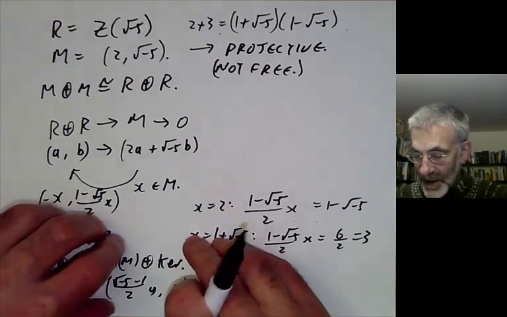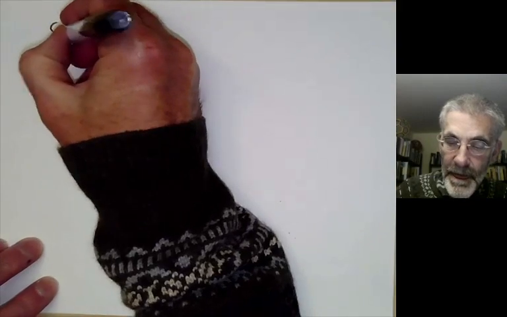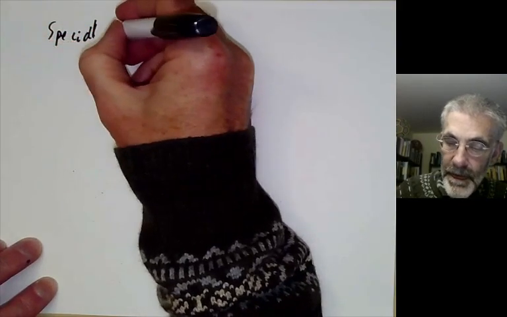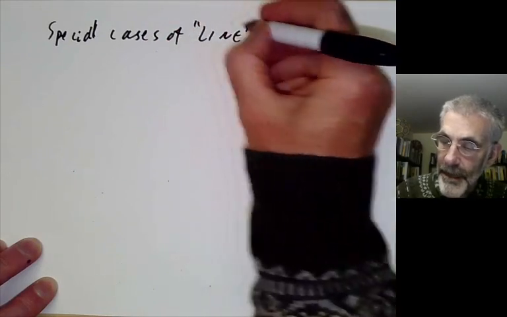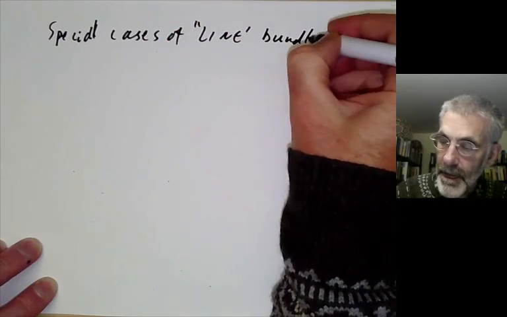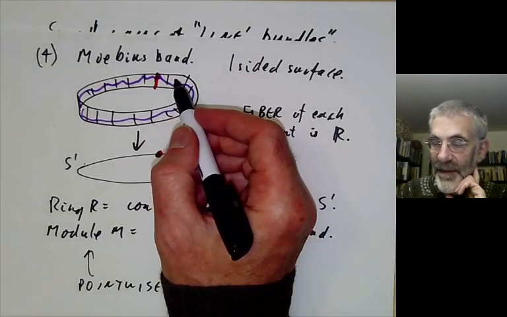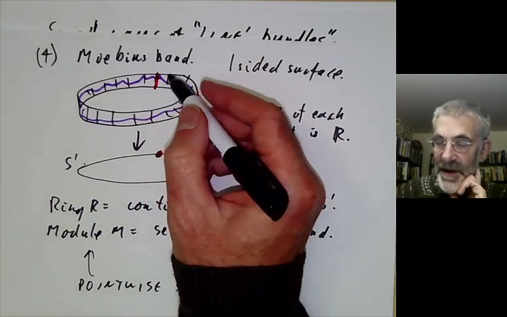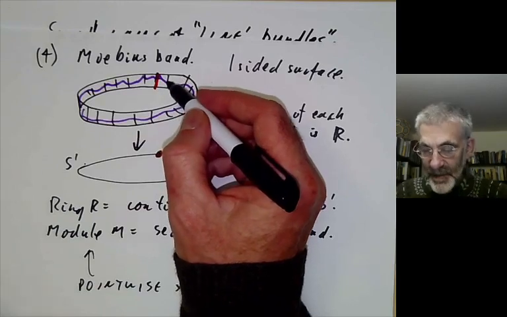And this is not a coincidence, that they're both actually special cases of line bundles. So what's a line bundle? Well, a line bundle is very roughly a map from one space to another, such that the fibre at each point is a one-dimensional vector space.